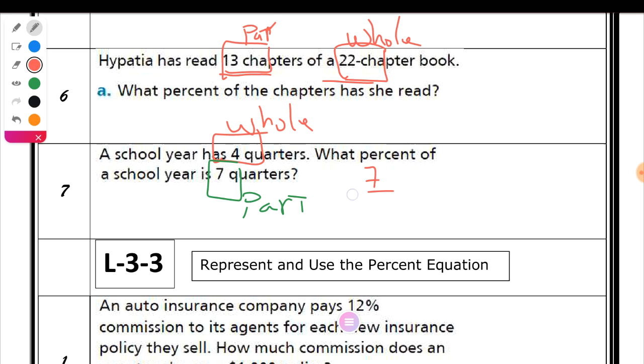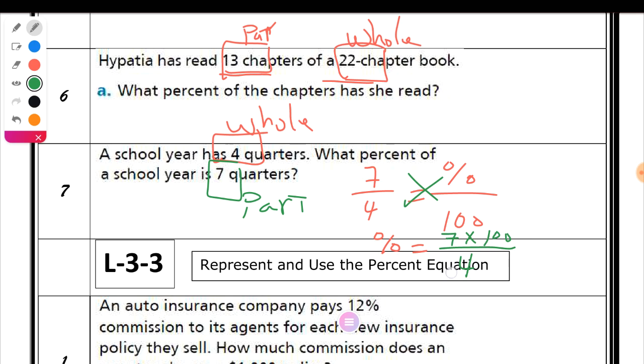So we will consider 7 as a part. So 7 over 4 equal the percent, which I want to calculate, over 100. So percent equals, okay, cross multiplication. It will be 4 down and 7 multiply 100.